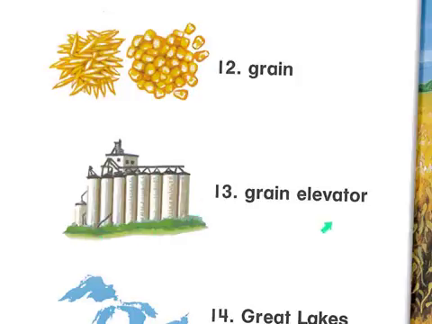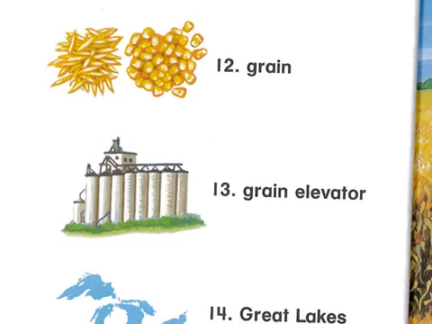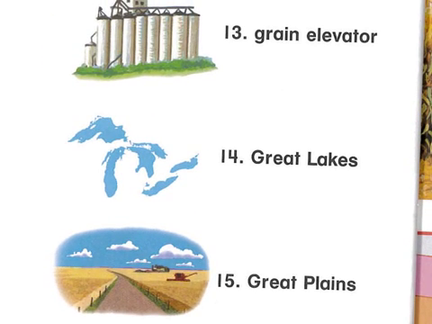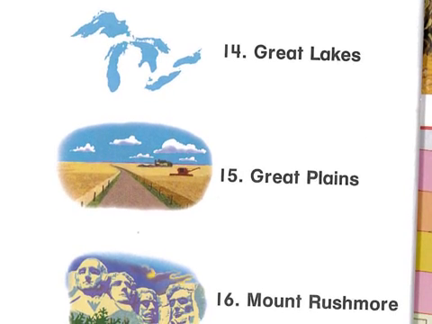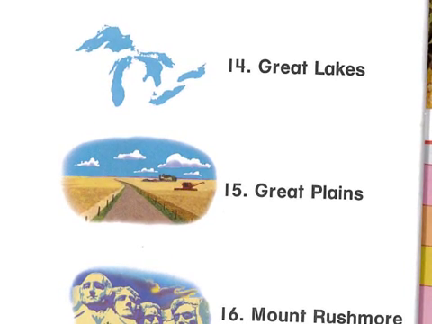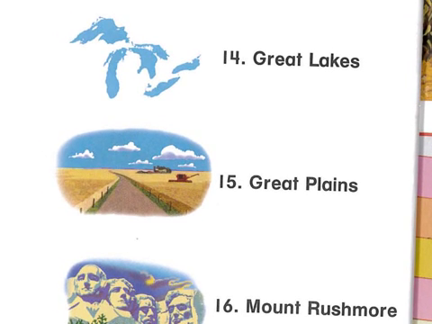Grain elevator. And something famous from this Midwest are the Great Lakes and the Great Plains. So a plain is wide open, grassy fields. The Great Plains, the Great Lakes.